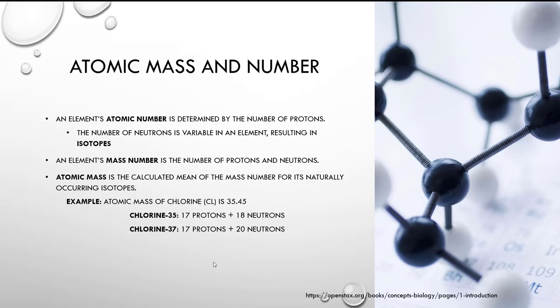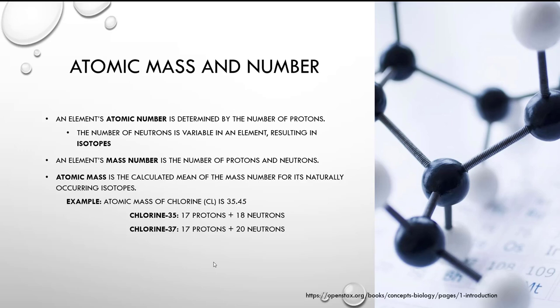So when you look at the periodic table, you look up the atomic number, and that's always going to be the number of protons for that element. The number of protons does not change for the element, but the number of neutrons can vary. So we don't automatically assume there's an equal number of protons to neutrons.